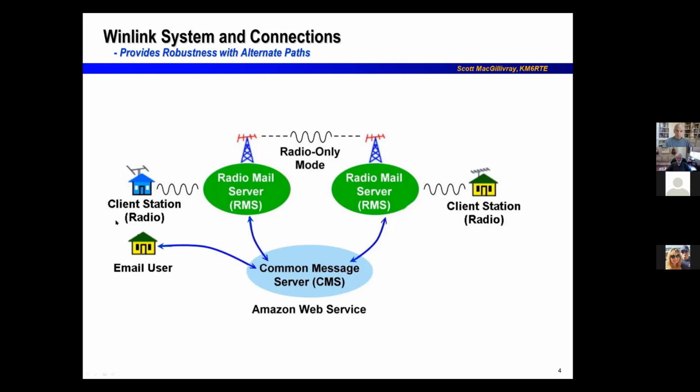So that's the overview. This is a fairly simplistic view of the overall Winlink system. Because of the simplicity, it's a little confusing, but this gives you a better idea of what RMS and CMS are.